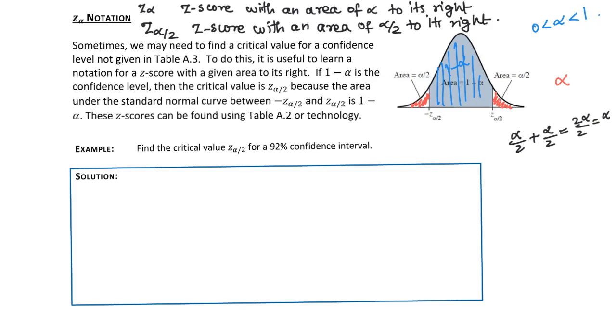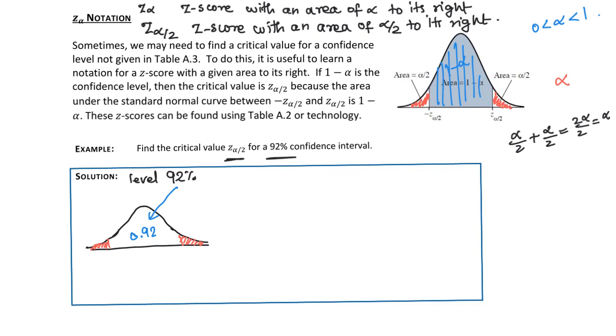Now let's look at an example. Find the critical value z alpha over 2 for a 92% confidence interval. So the level is 92%. First we will draw a normal curve, then it will be easier to understand. This area is 92%, so that is 0.92.